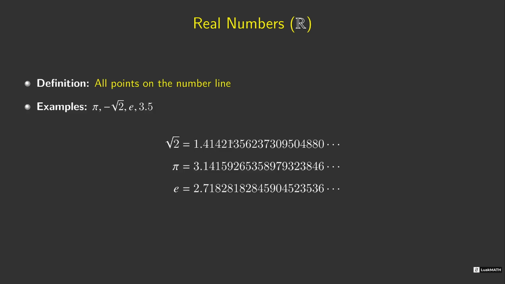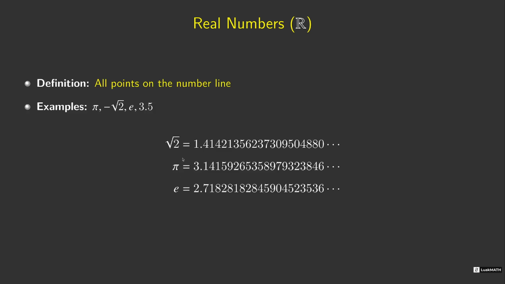Now you can see √2 here. I wrote √2 with a few decimal places and then dot dot dot at the end. This indicates that √2 goes on forever. It is a recurring decimal. It doesn't stop. The same with pi and e.